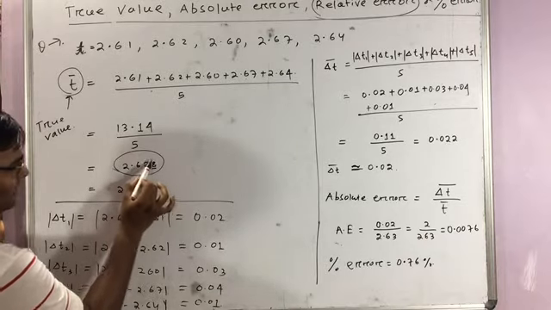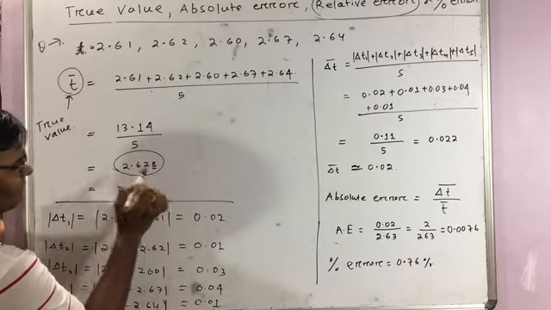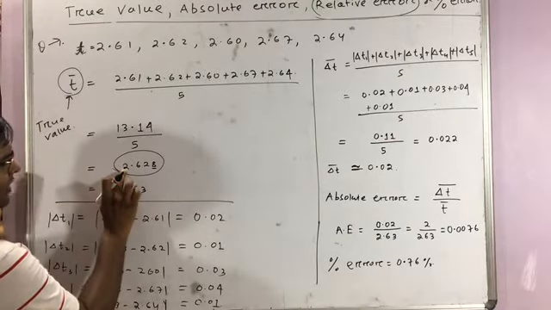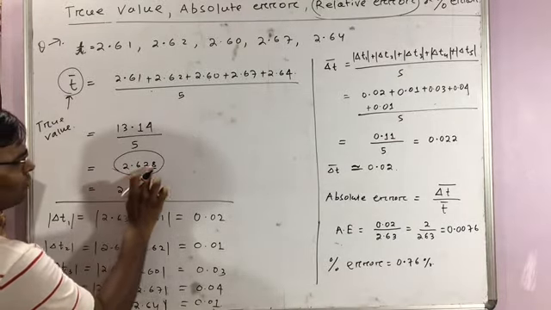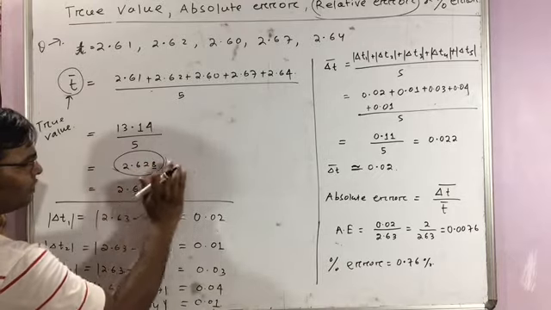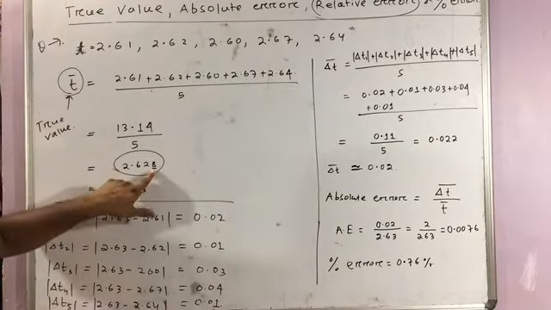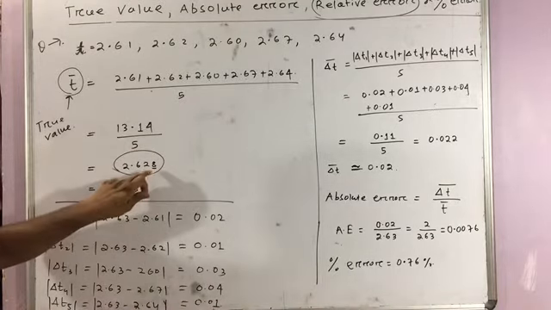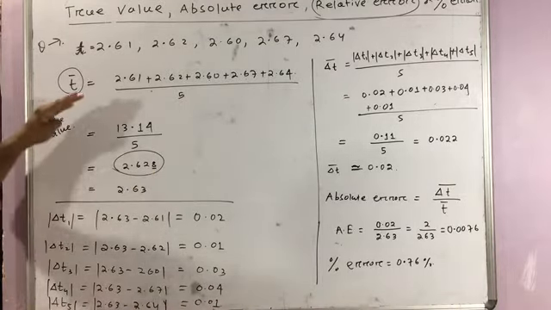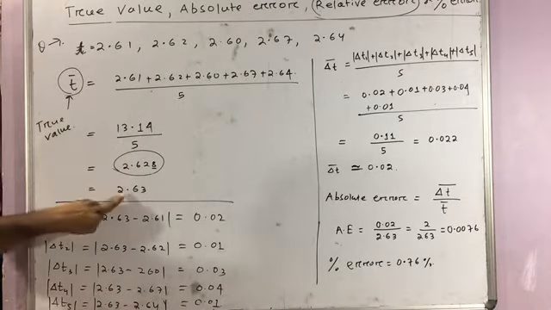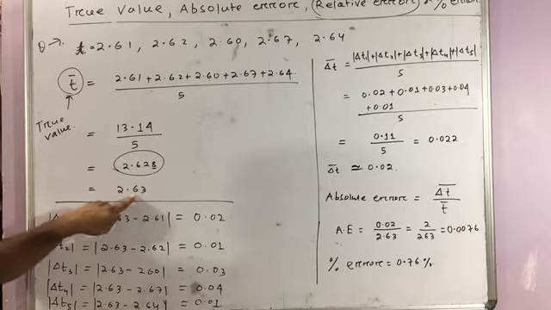If this digit had been less than 5, then you would have simply dropped it. For example, if it had been 2.624, you could simply write 2.62, as the last digit 4 is less than 5. So your true value is coming to be 2.63 after rounding.